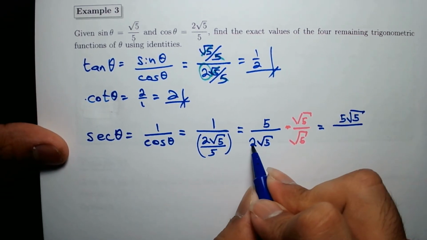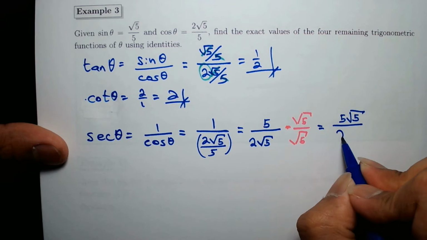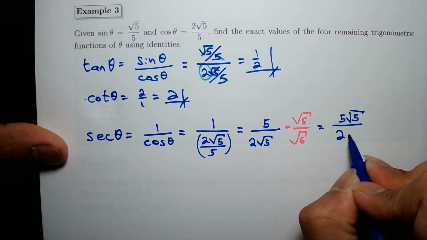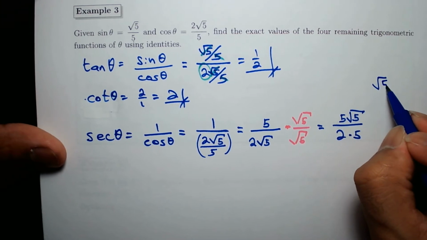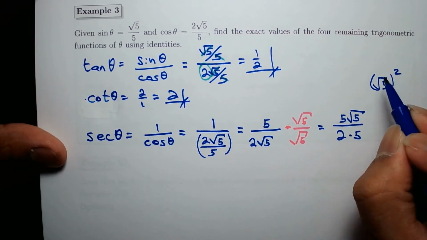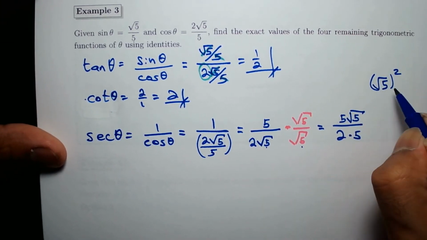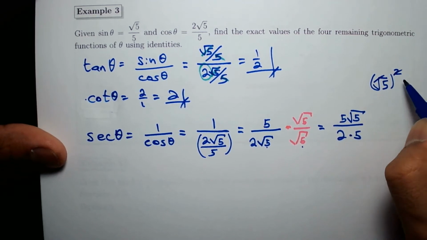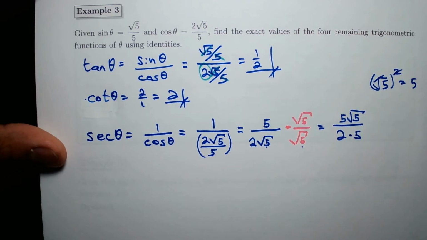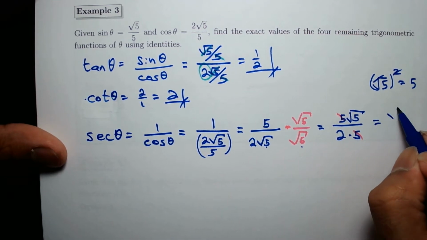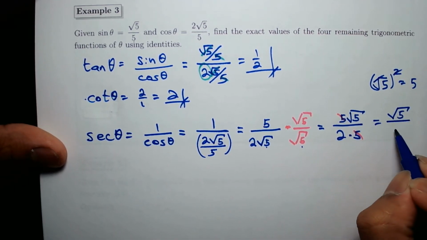And in the denominator, I'm going to have 2 times root of 5 times itself, which reduces to 5. Keep in mind that root of 5 times itself, when I multiply these two together, really cancels, and it gives me 5. And then in this case, we're good to just cancel these two out, leaving us with root of 5 over 2.